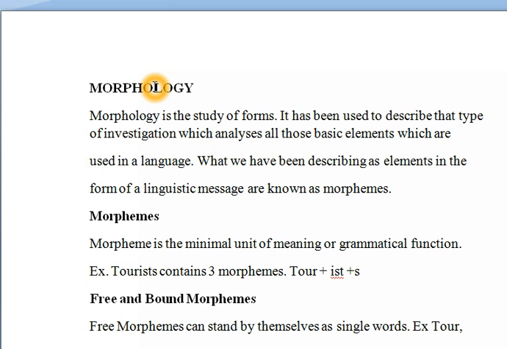After that, we discussed word formation, and we said that this chapter discusses how new words enter into the language. We discussed many processes like borrowing, compounding, blending, conversion, clipping, back formation.